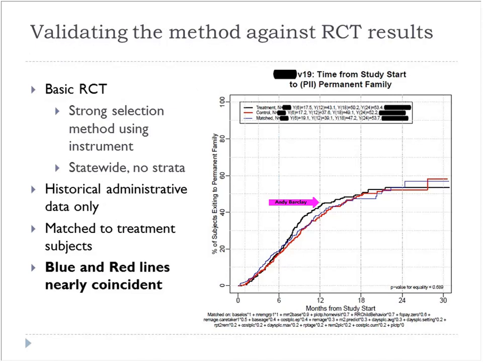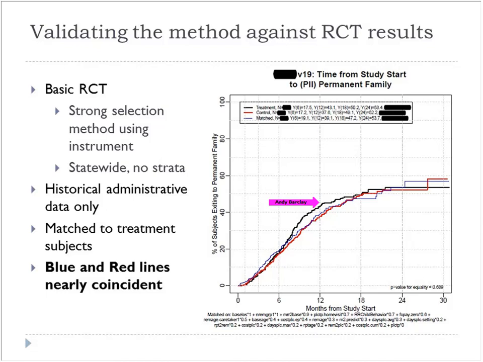There are 3 groups here, and the black line is the treatment group. These are the children in the randomized trial that received the intervention. And you see the black line is above the other 2 lines, the blue and the red. So there was an intervention effect here, and it looks to be about 5 to 8% between the 2 groups. And then the red line is the control group from the randomized trial.